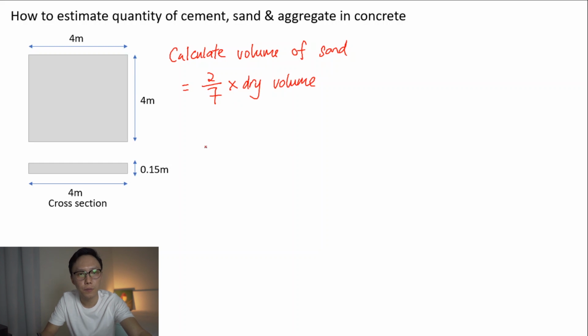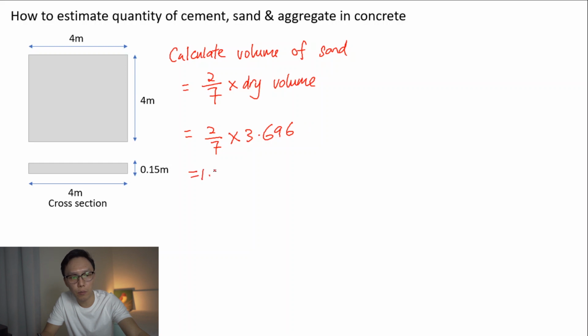Okay, so 2 over 7 times 3.696, the dry volume of the concrete, and you'll get 1.056 meter cube. Okay, so this is the volume for sand.